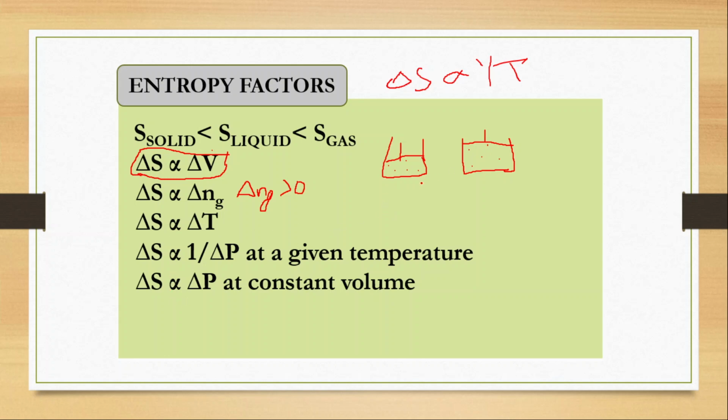Let us take this as a system. Volume is fixed. We have taken a container, so 2 containers we have taken. Both systems are at temperature T only, with the same number of particles. Clear?